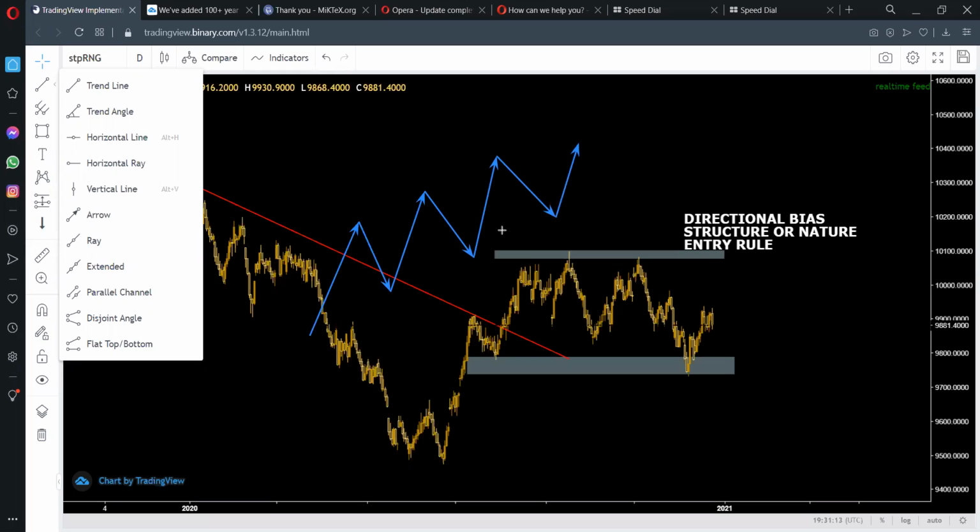Before we can say that this uptrend is no more an uptrend, until we break this recent higher low, we consider the market is in an uptrend.